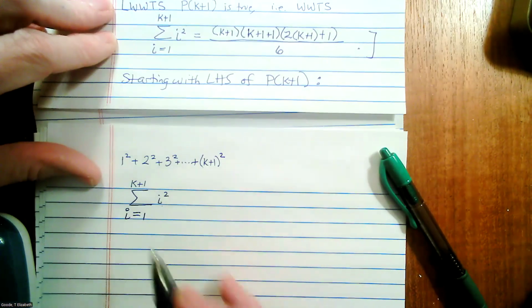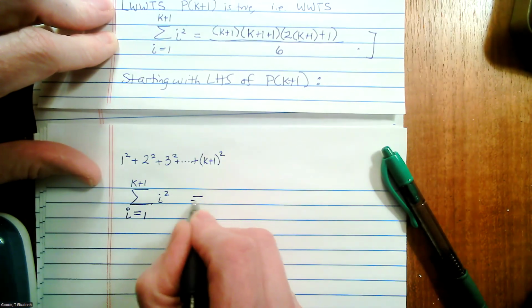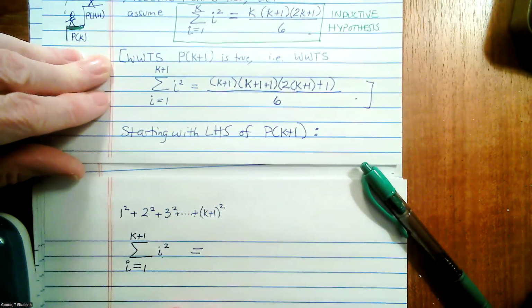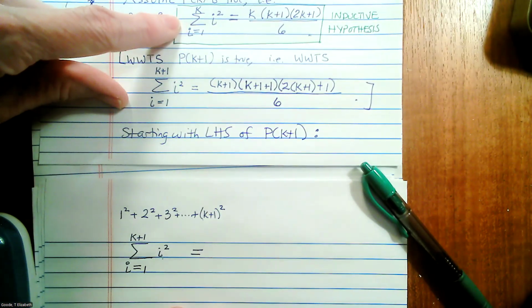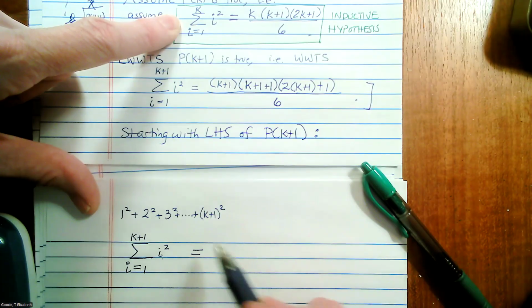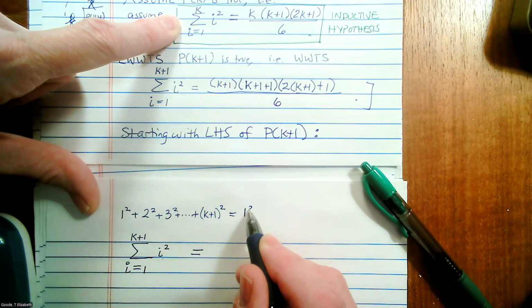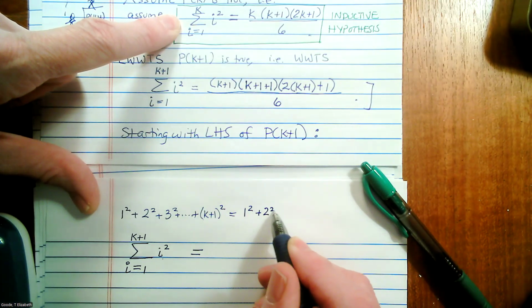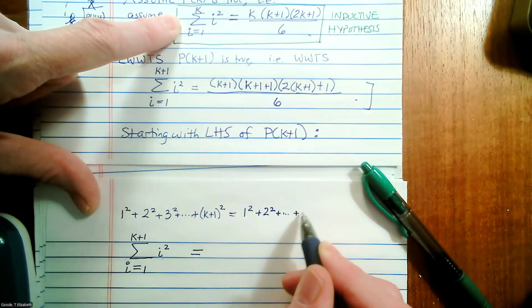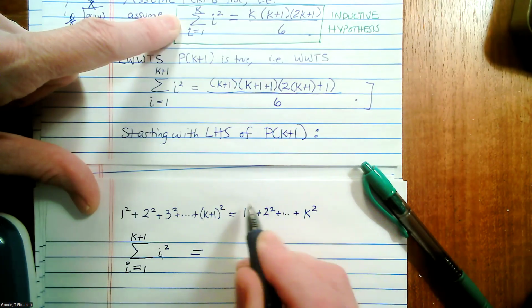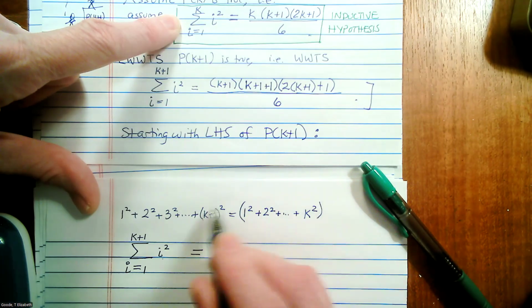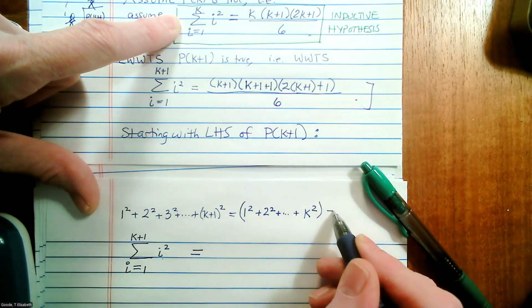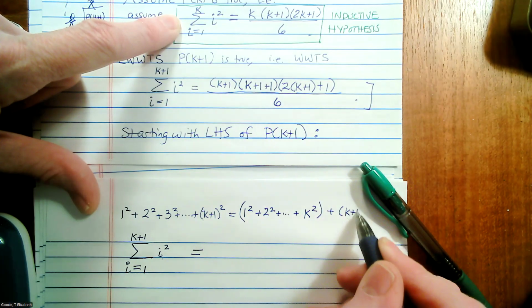Well, the point is our proof hypothesis says we know something about 1 squared plus 2 squared plus up to plus K squared. We know something about that. And then this last term, we could just break it off and have it sitting right there.